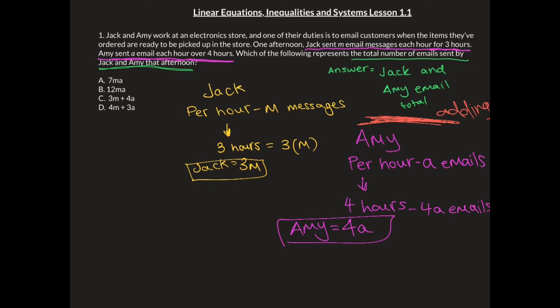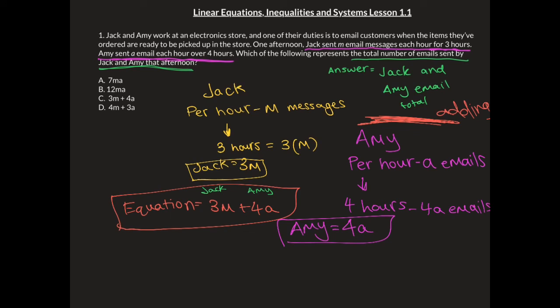So you can leave them as two separate numbers. That means our equation will be 3M plus 4A. Remember, 3M is representing Jack and 4A is representing Amy. Since we can't add them together, we'll just leave them separate, but it still counts as an equation. It doesn't have to be one number, right?